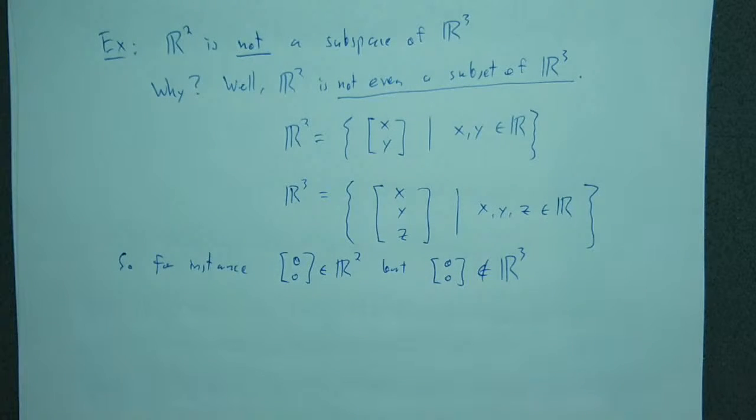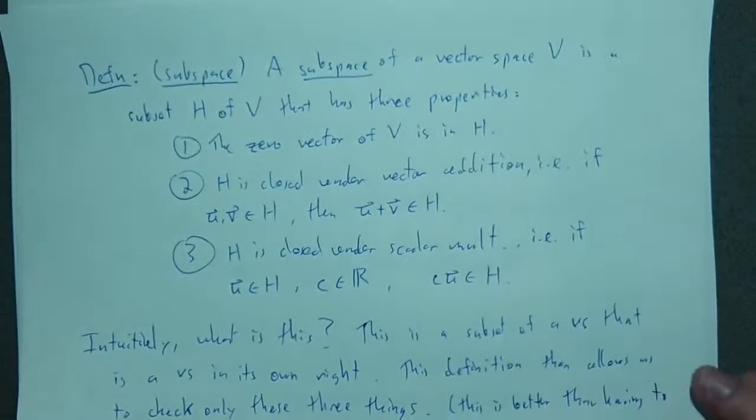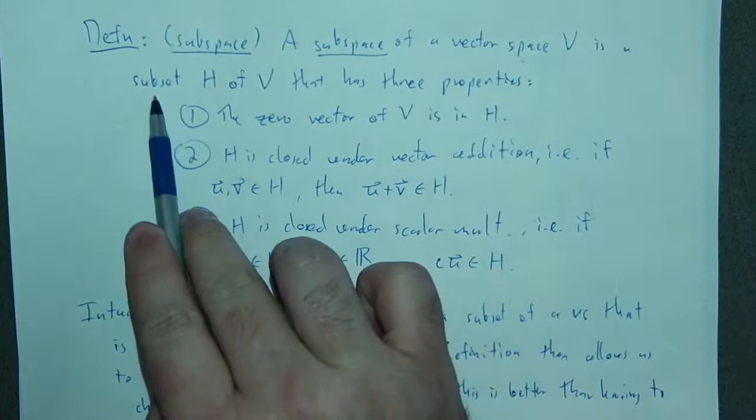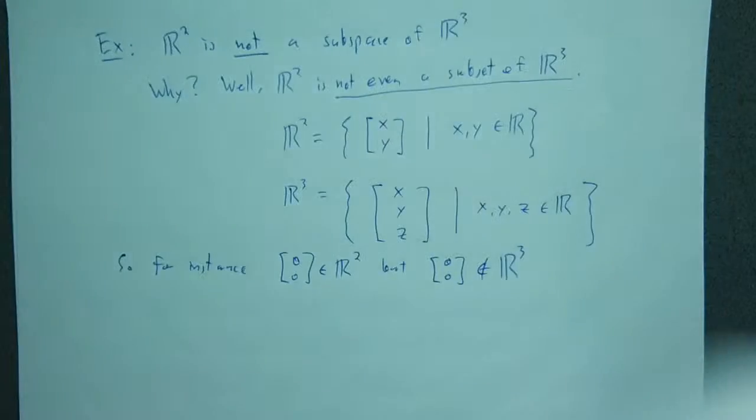Okay, which is one of the first things, if I go back to my definition of subspace. My definition of subspace, a subspace of a vector space V, is a subset of V. So this is not even a subset. Now, you are not wrong to think that intuitively R2 should be a subspace of R3. So here's where that complicated thing that I mentioned comes in.